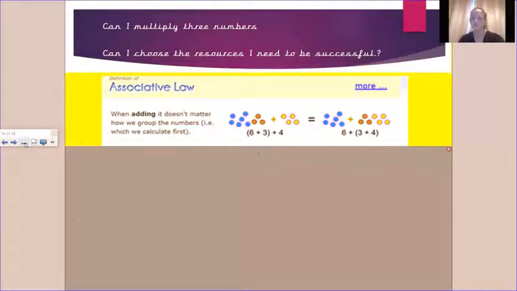But is it the same answer if I have 6 and then I have 3 plus 4 plus 6? The answer is yes. If I have 3 plus 4, it gives me 7, and 7 plus 6 gives me 13. So even though I've moved my numbers around, it gives me the same answer.